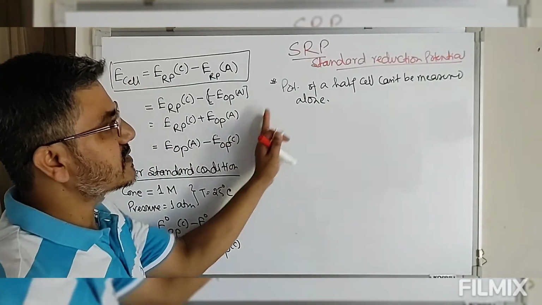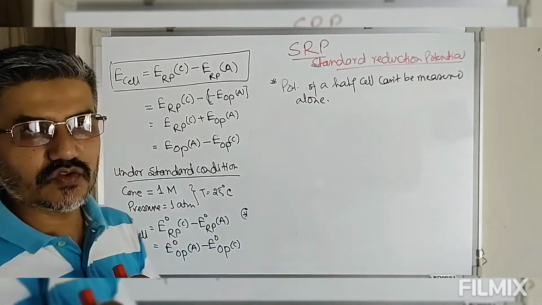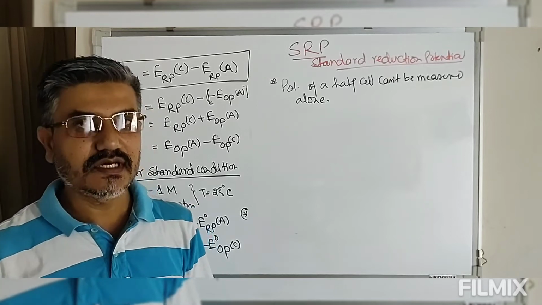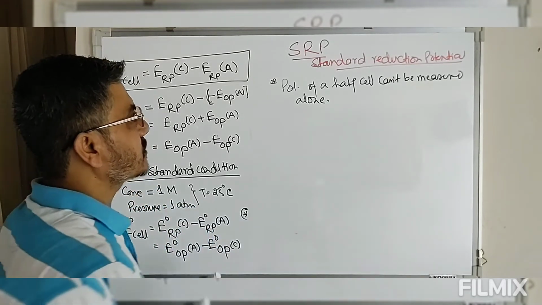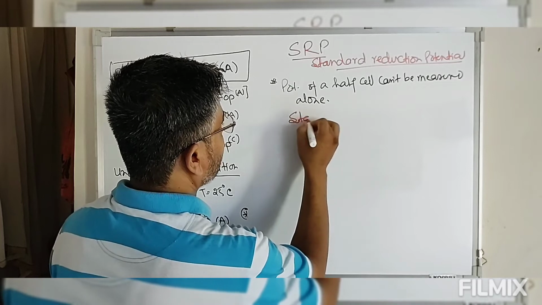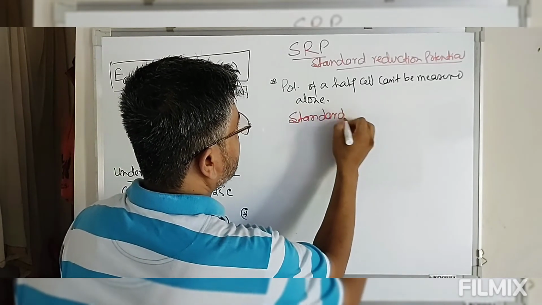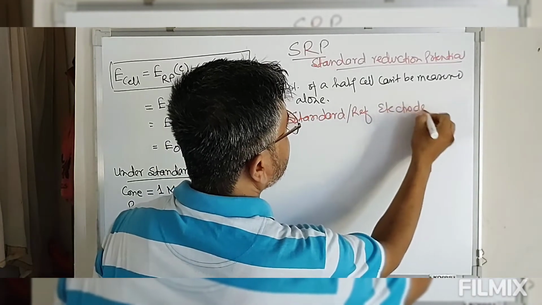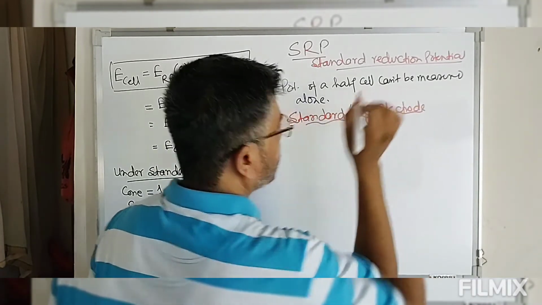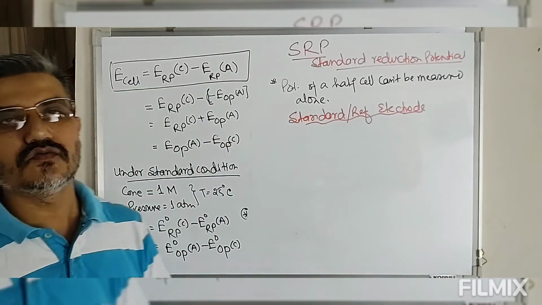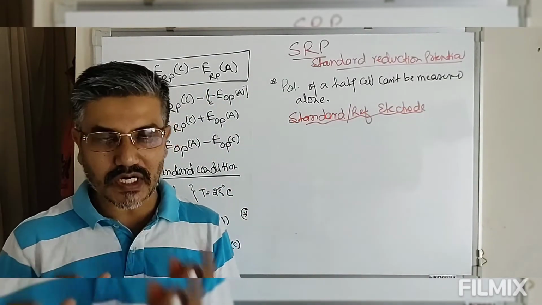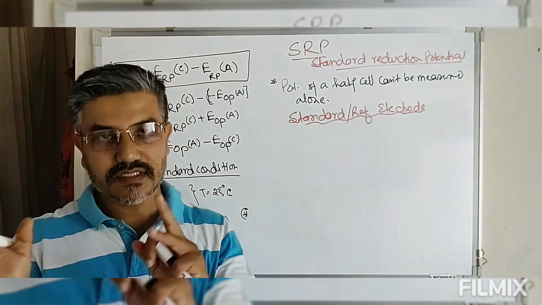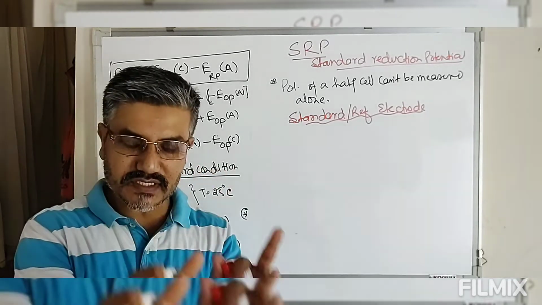Now to define the potential of a half cell, we need to have a standard or reference electrode, means a particular electrode whose reduction potential is known to us. By combining this unknown electrode with this reference electrode, we can measure the cell potential.